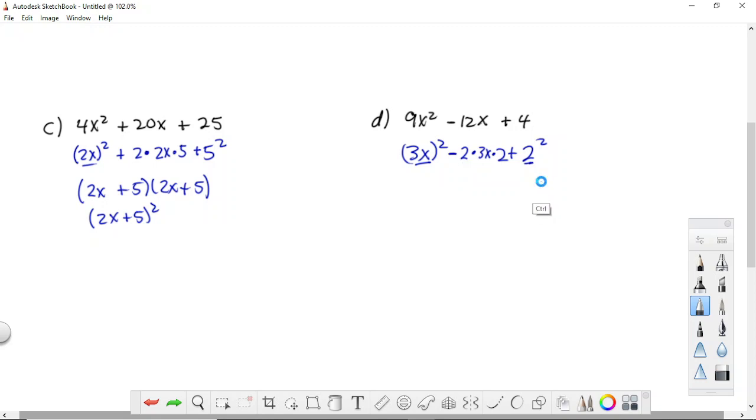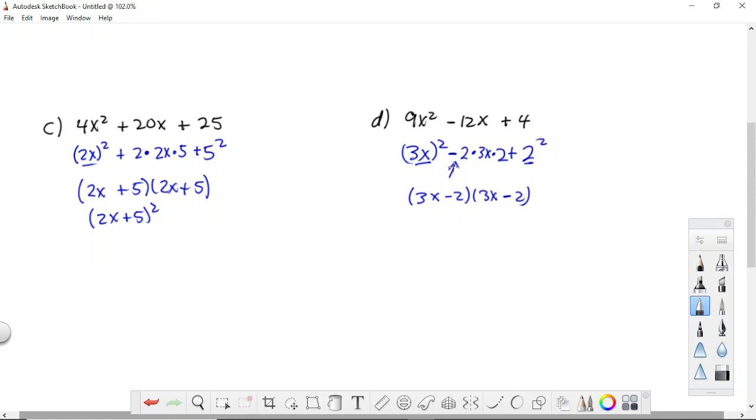So does that work in the middle? Well, yeah, negative 2 times 3x is negative 6x times 2 is negative 12x. Okay, so it does fit the pattern, but since this is a minus sign this time, it goes like this: 3x minus 2 times 3x minus 2. It's just the sign of the middle term.